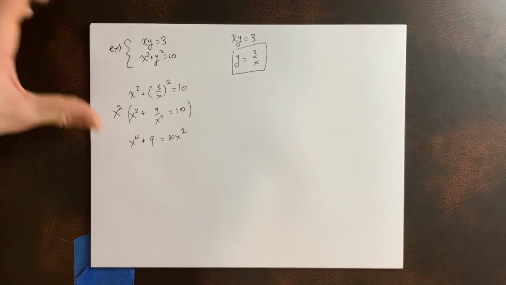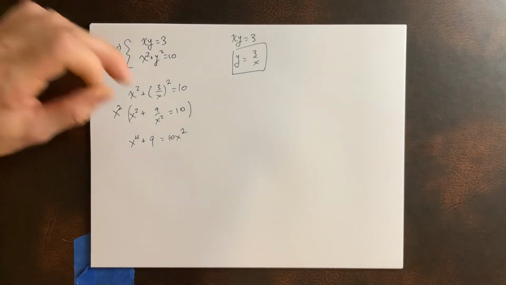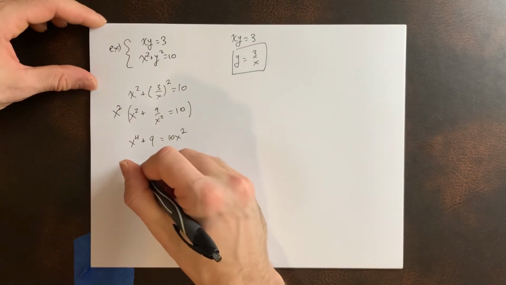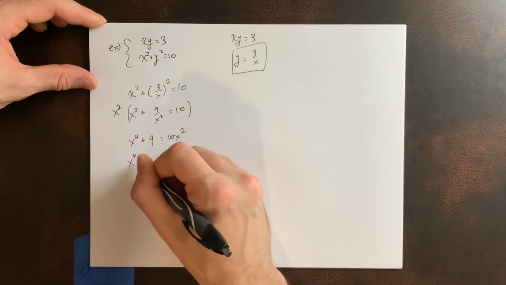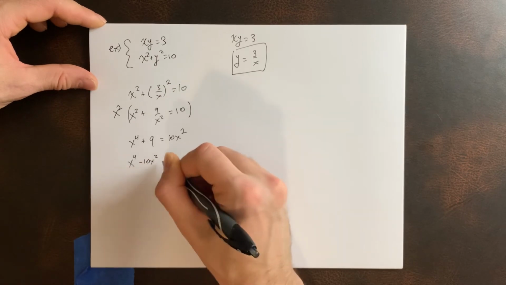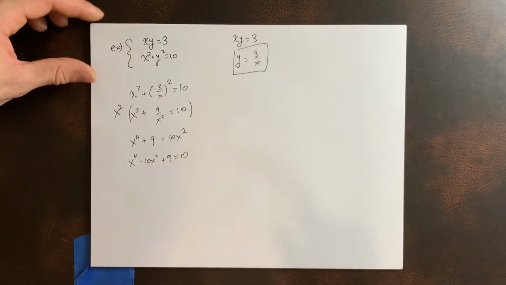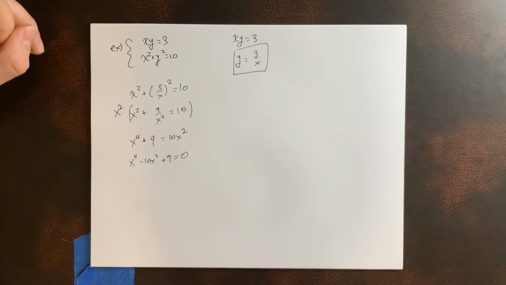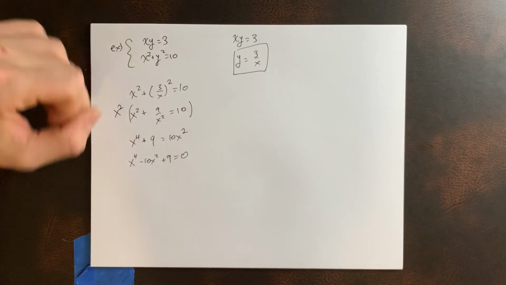Okay? And now what we're going to do is set this equation equal to 0, so we're going to move this 10x squared over. So we're going to have x to the 4th minus 10x squared plus 9 is equal to 0. So now this is a problem that we solved in an earlier section. So we need to use this u substitution method.